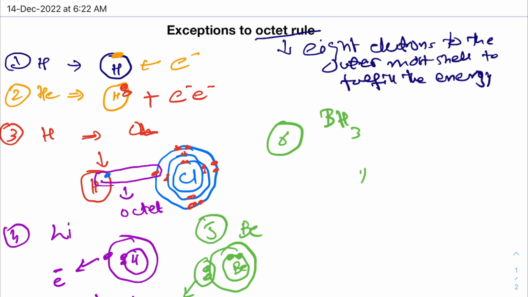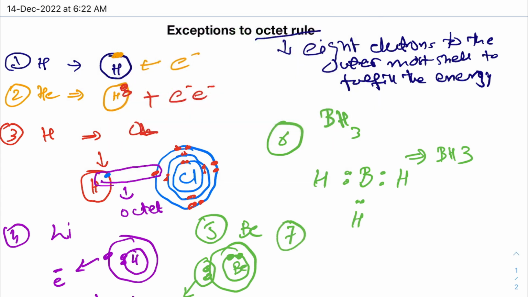So it's B, and it forms a bond with hydrogen. Boron is an exception to the octet rule as it only needs 6 electrons to form a bond and it forms BH3.